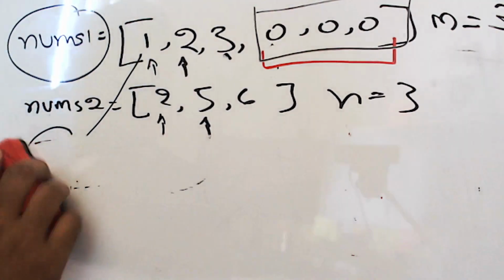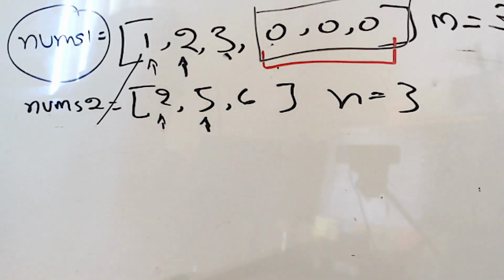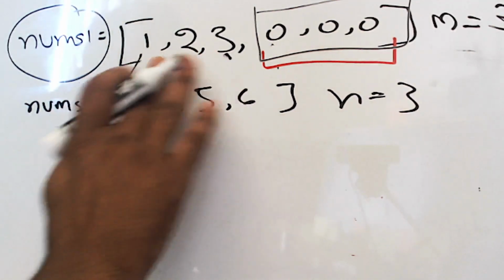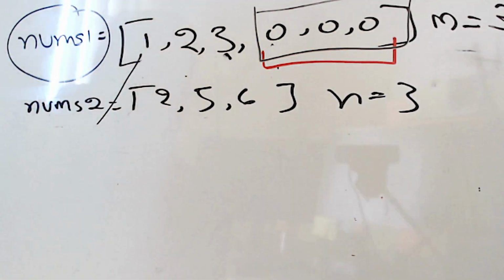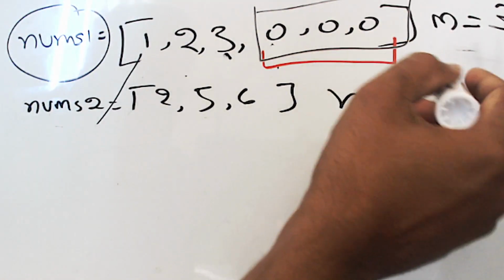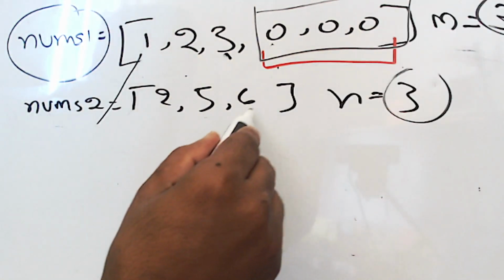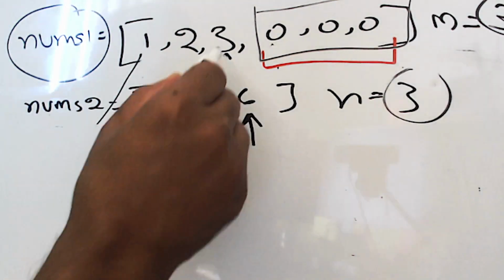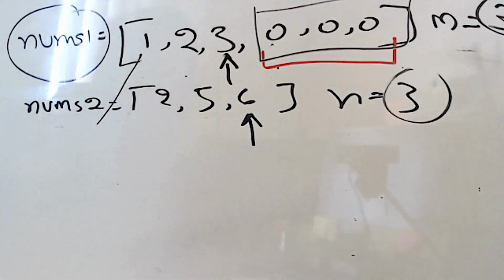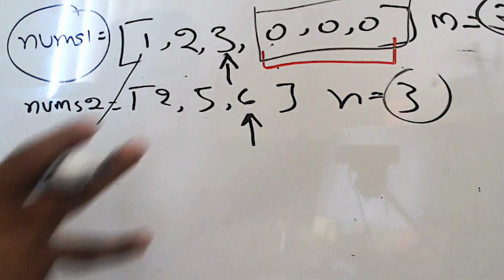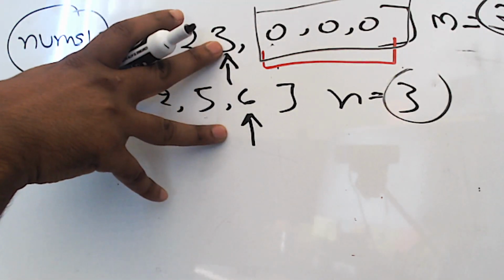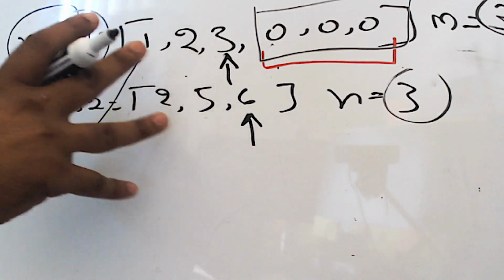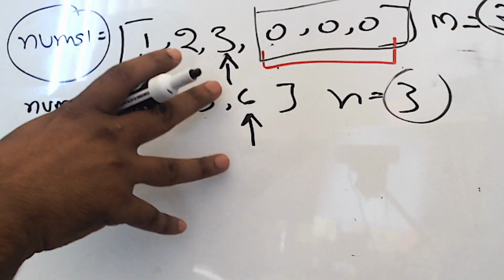We're going to start our iteration from the end of the array, because n and m are given already. So you start here from n, and you start here for m. Now we're going to compare these two and see which of those is bigger. That is 6.